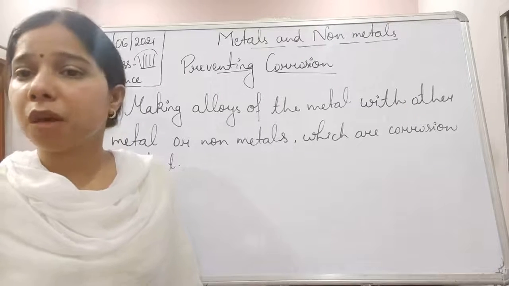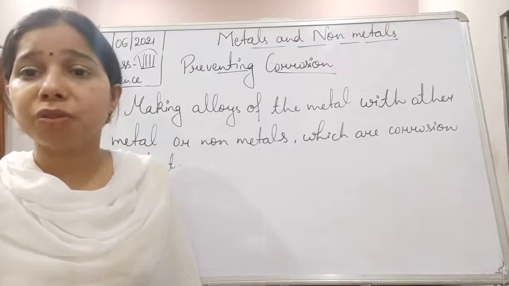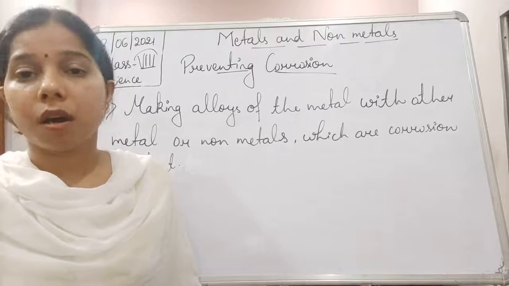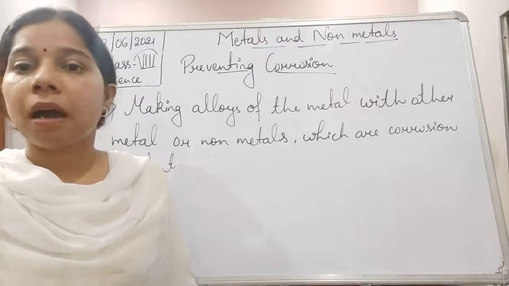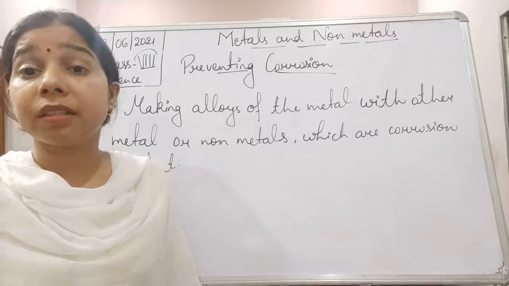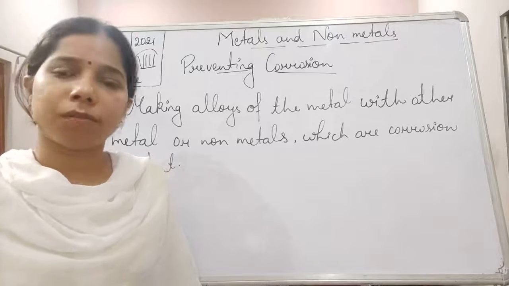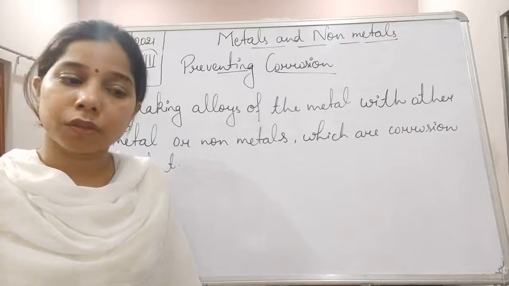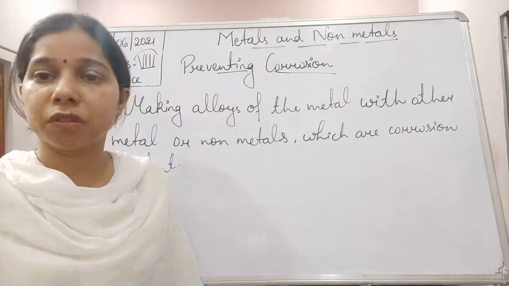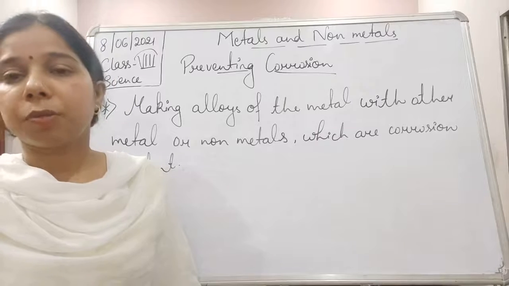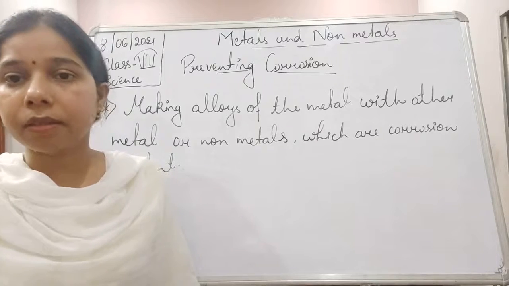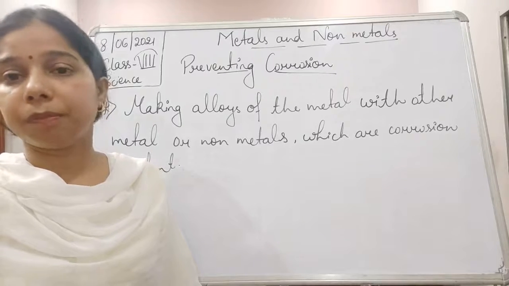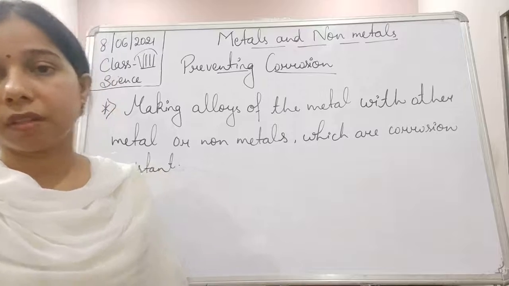For example, you have heard about steel, brass or stainless steel. They are actually a combination of two metals, or a metal and a non-metal, together. This helps in preventing the attack of any gas that can corrode the surface of the metal, students. So basically we make alloys to give resistance to corrosion.